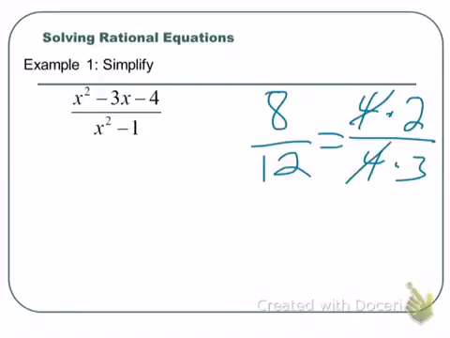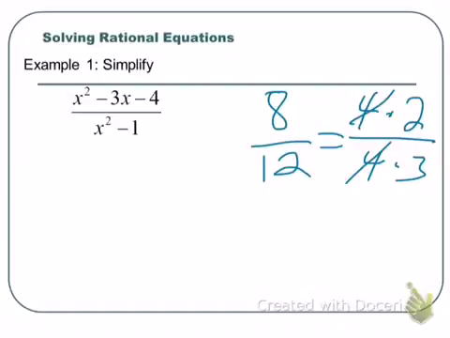So the process of simplifying fractions, it's been so long ago since you saw it that way, you're just used to dividing the top and bottom by the same thing. But that concept doesn't work here with x squared minus 3x minus 4 over x squared minus 1. If I told you we're just going to divide the top and bottom by x plus 1, it just doesn't compute, right? So the way you simplify a rational expression is by canceling common factors between the numerator and denominator.